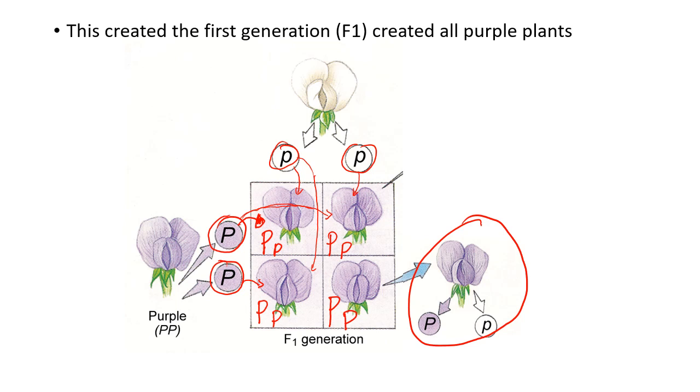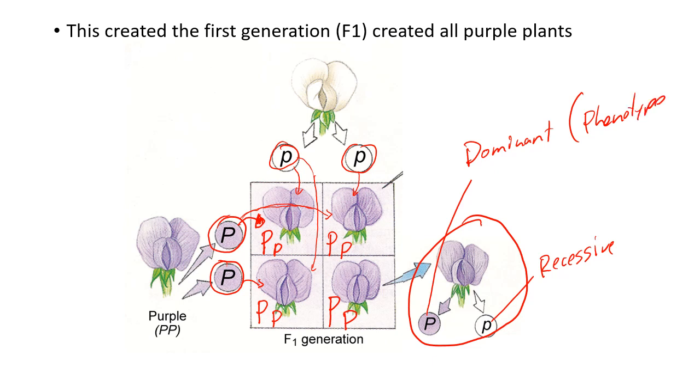Since they all have a dominant allele, and this one's the recessive, only the dominant allele gets expressed. So the dominant one turns into your phenotype. Remember, the phenotype is the trait that you can actually see.